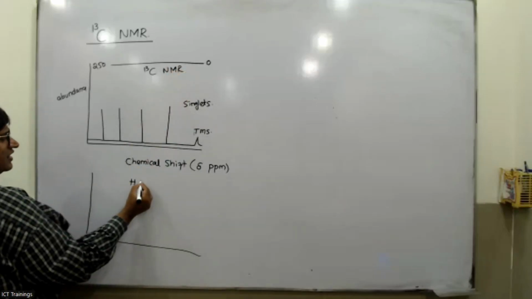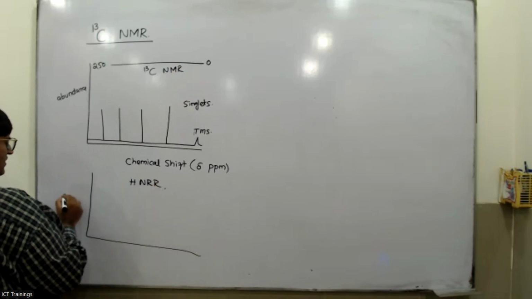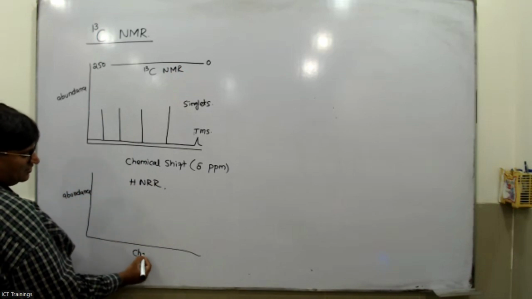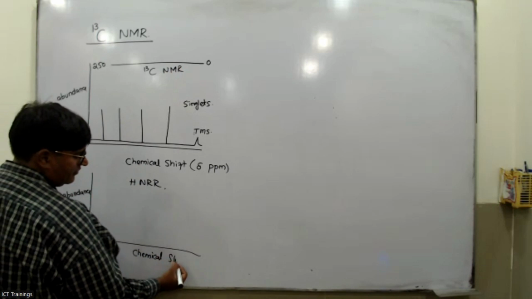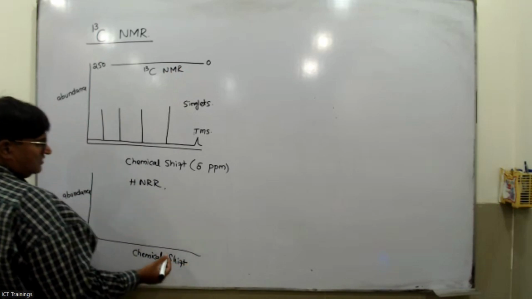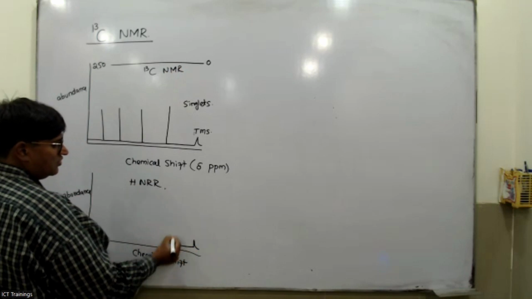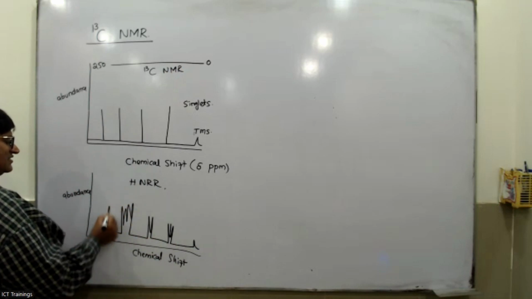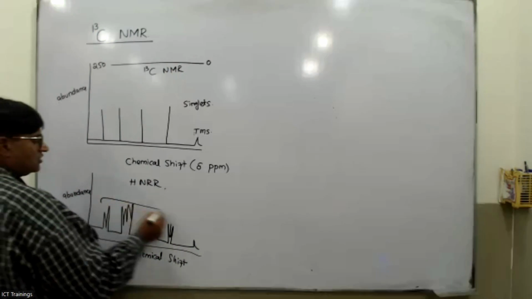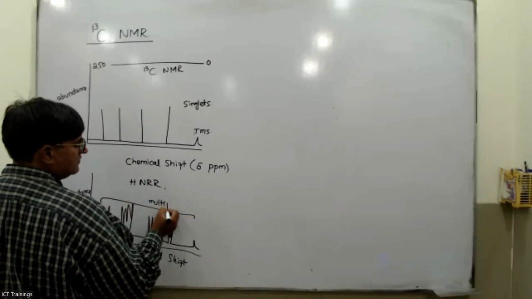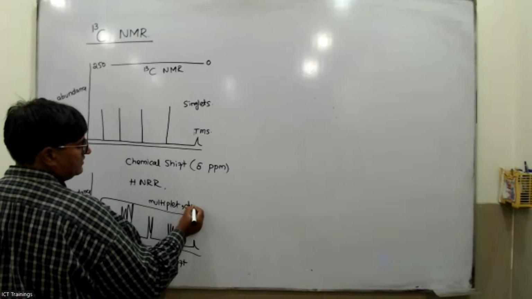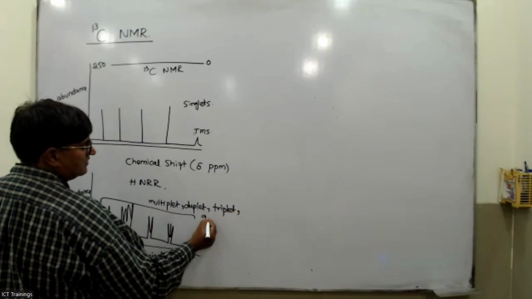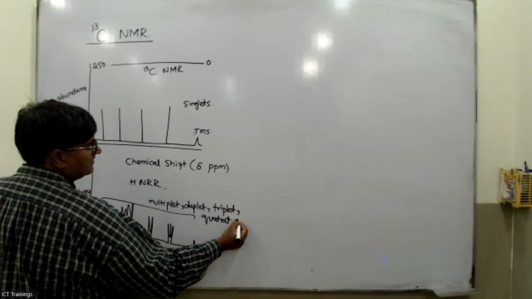On the other hand, if you got hydrogen NMR, it has got abundance along the y-axis and chemical shift along the x-axis. So in this case, my dear students, you got triplet, quadruplet, or multiplet, these kinds of things. So you got multiplet, duplet, triplet, quadruplet, and singlets.